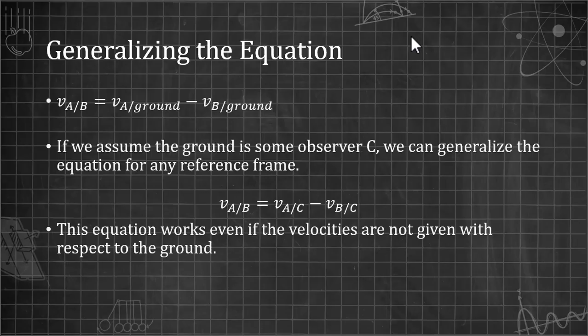So generalizing this, it doesn't matter if we have the velocities relative to the ground or relative to some other observer. We can use this equation to figure out the relative velocities between two objects.